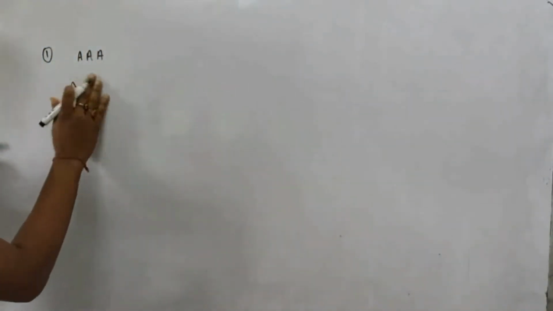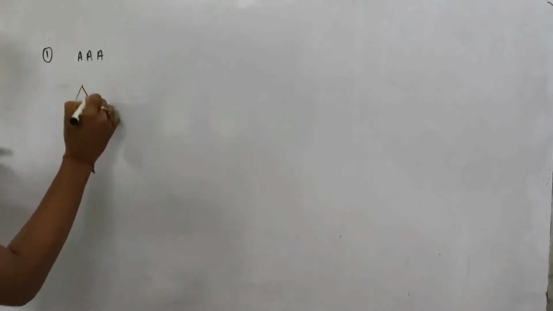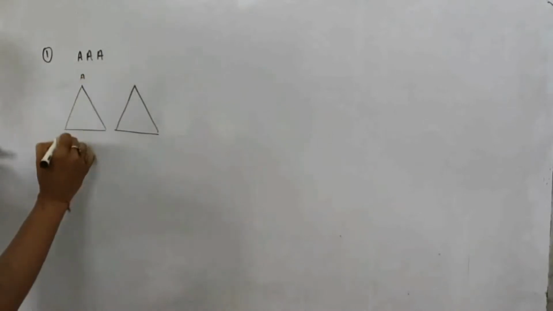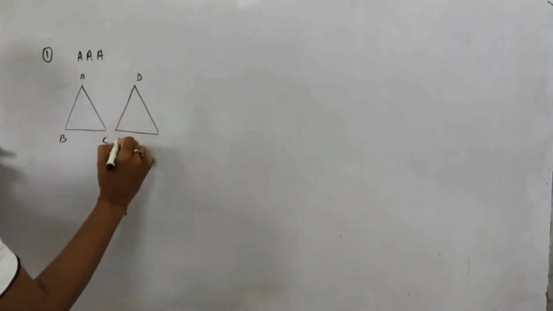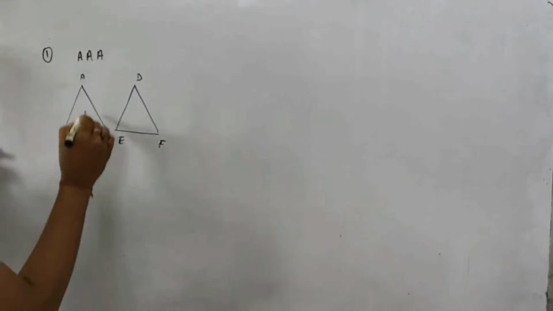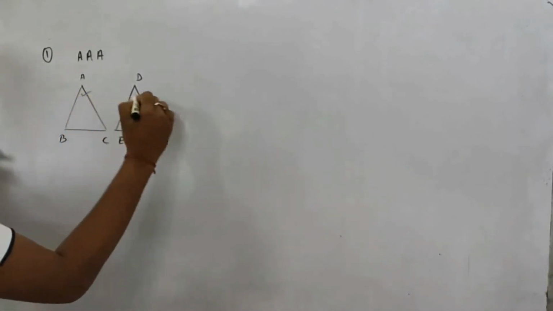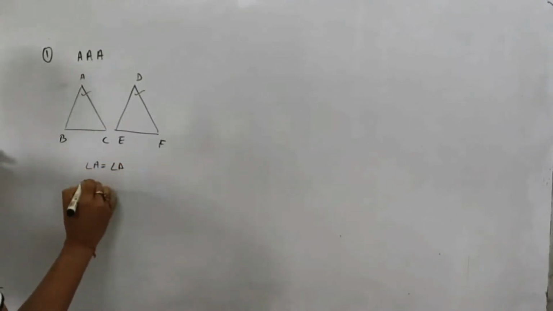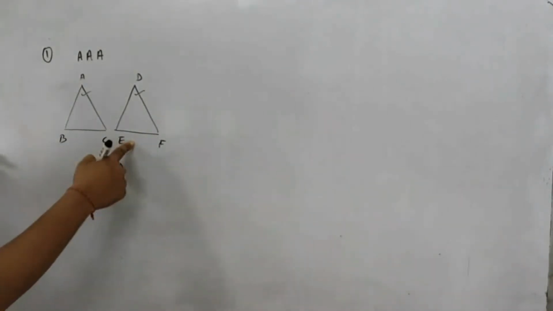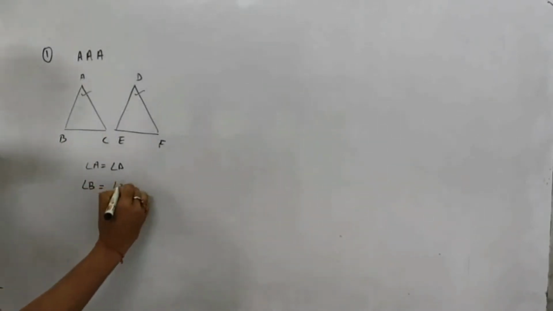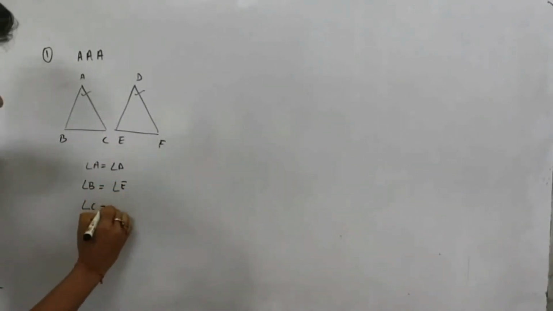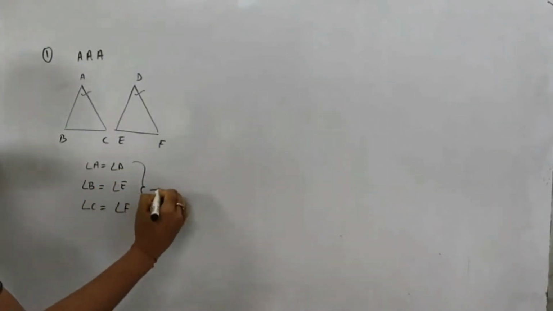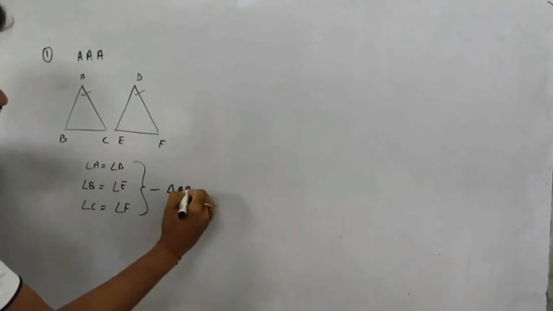Say this is a triangle ABC and this is a triangle DEF. Then angle A should be equal to angle D, angle B will be equal to its corresponding angle, angle E, and angle C will be equal to angle F. If you get this, then you can say: therefore triangle ABC is similar to triangle DEF.